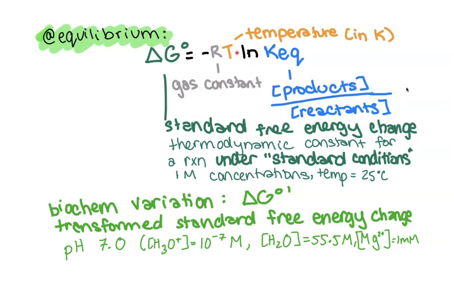R is just our gas constant, T is temperature in Kelvin, and delta G naught is our standard free energy change. And the same exact thing you'll see with delta G naught prime under these biochemistry standard conditions. That would just be delta G naught prime here and KEQ prime here.